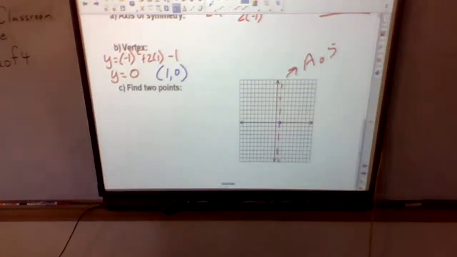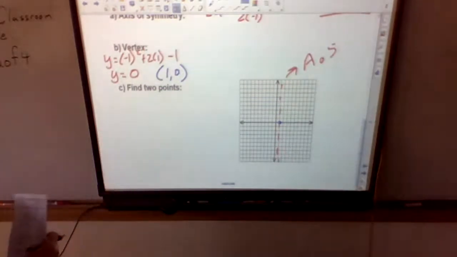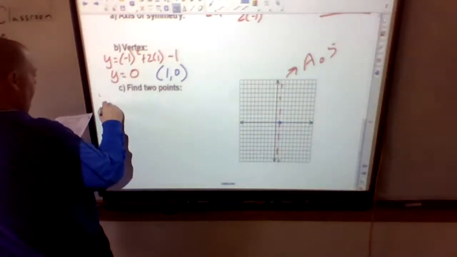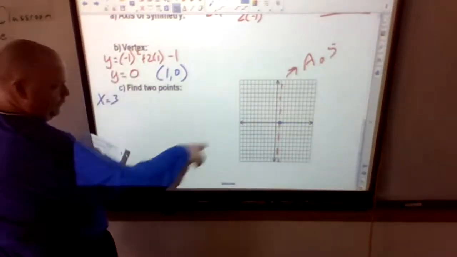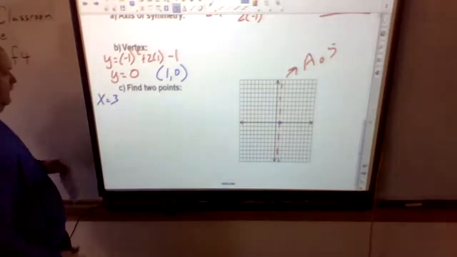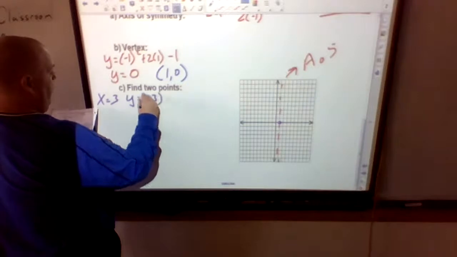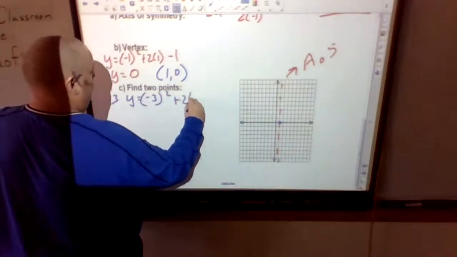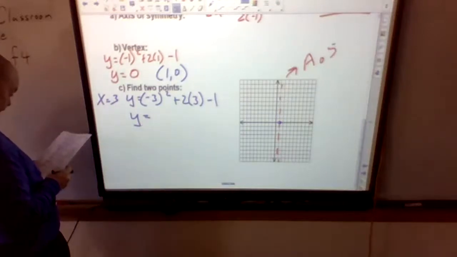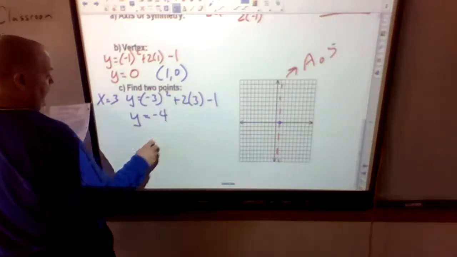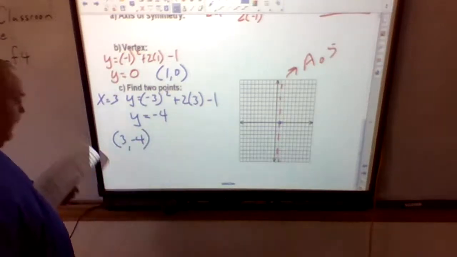Now we just have to find out if that's going to be a minimum or a maximum. So let's find 2 points. Let's just say x equals 3, just come up with a number, kind of range it from 1 to 10. So y equals negative 3 squared plus 2 times 3 minus 1. If you put that in your handy dandy little calculator, you would get y is negative 4. So 3 comma negative 4 is what we're trying to plot.